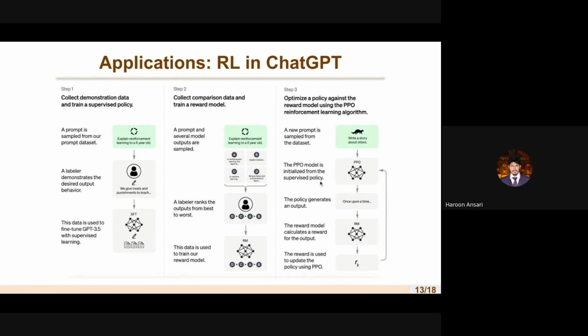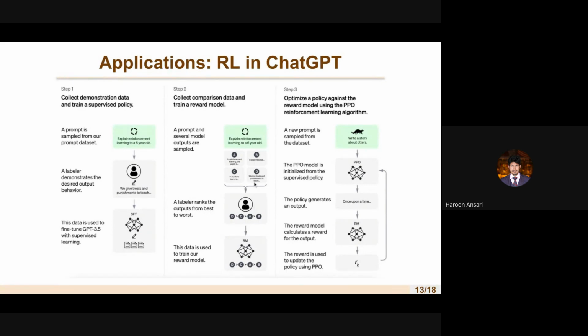This algorithm utilizes the trained reward model: they feed a prompt to ChatGPT, it gives some output, this output is fed to the reward model, the reward model gives the reward, which is fed again to the agent, and the agent improves ChatGPT so that it gives a better output.